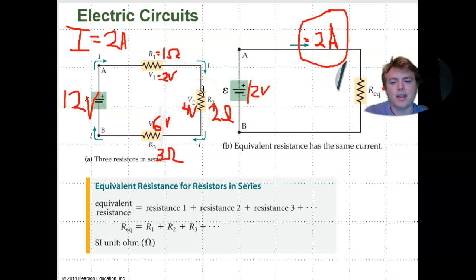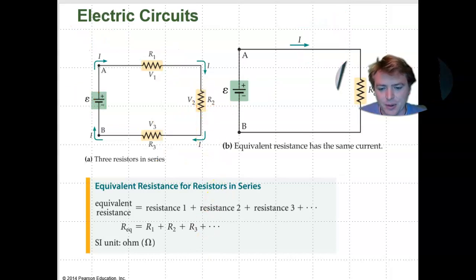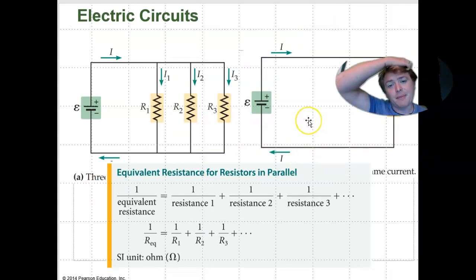We know that the resistances total add together. We know that the current in each of them is going to be the same, and we know that the voltage across each of the resistors adds up to the total voltage.